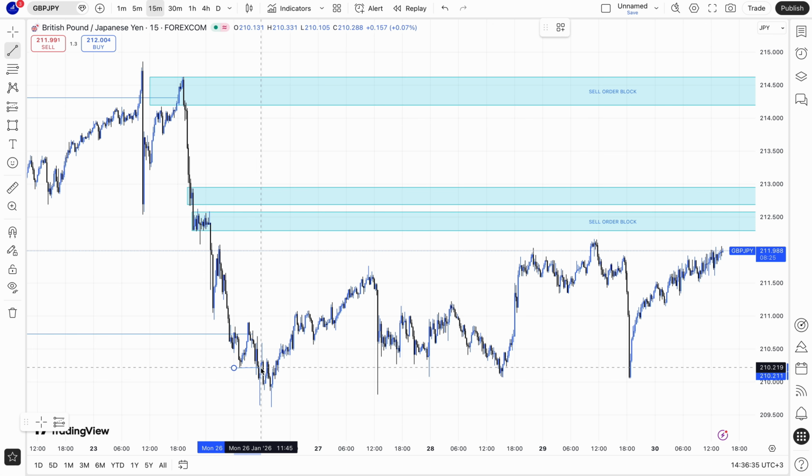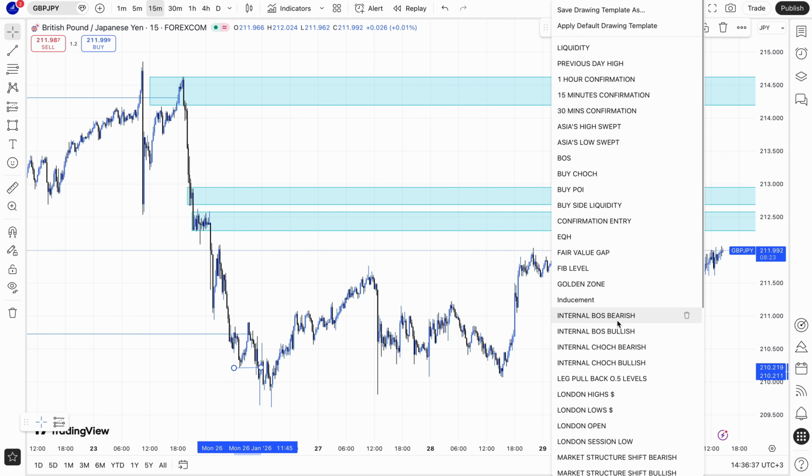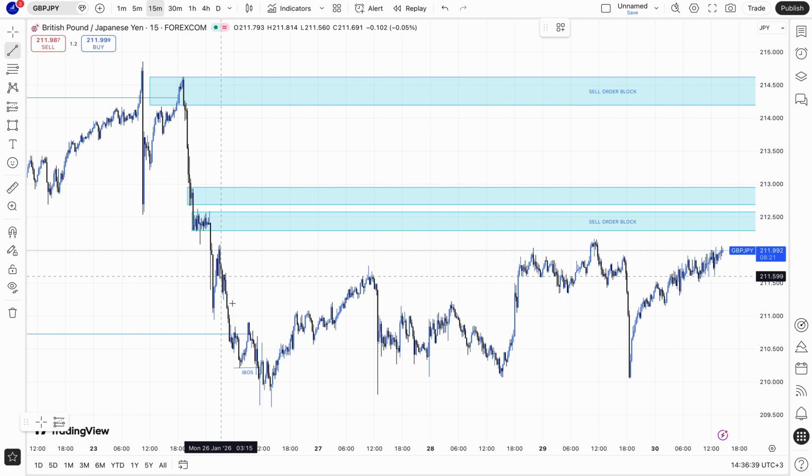Then we had our continuation of the downside. Now we are marking out our internal market structure.